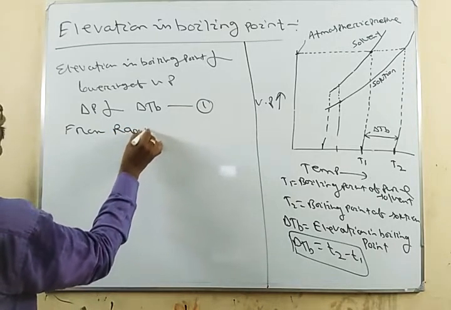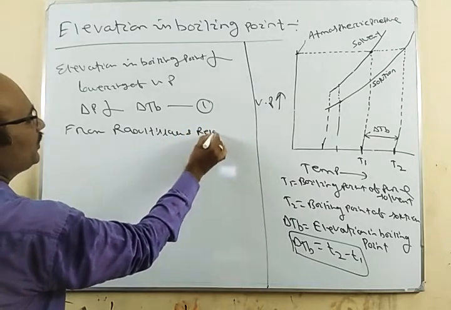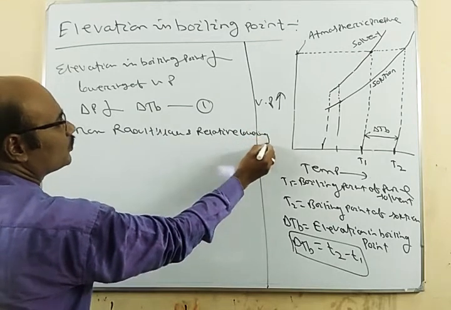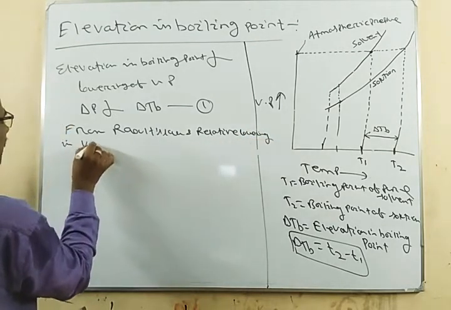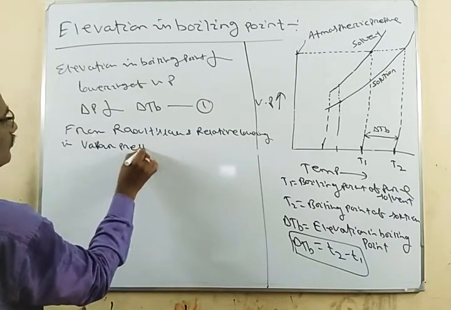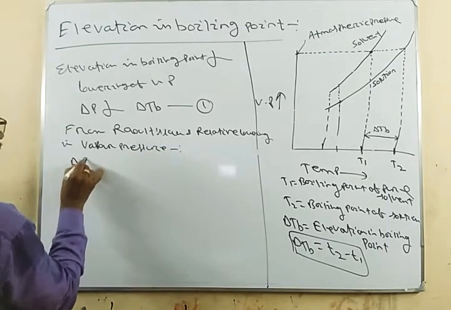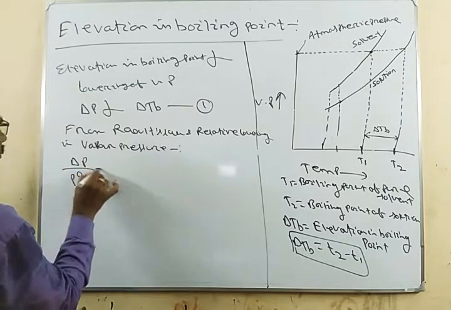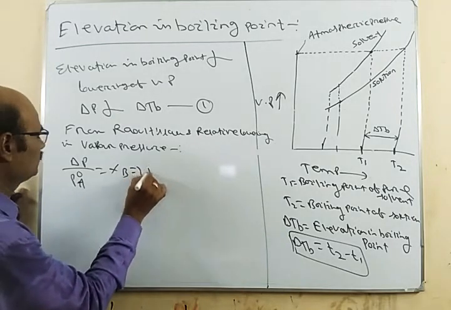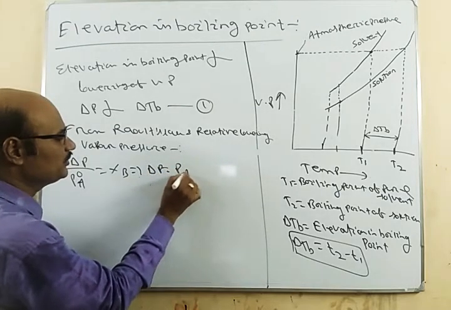From Raoult's law and the relative lowering in vapor pressure, we have delta P by PA0 equal to XB, which implies delta P equals PA0 XB.